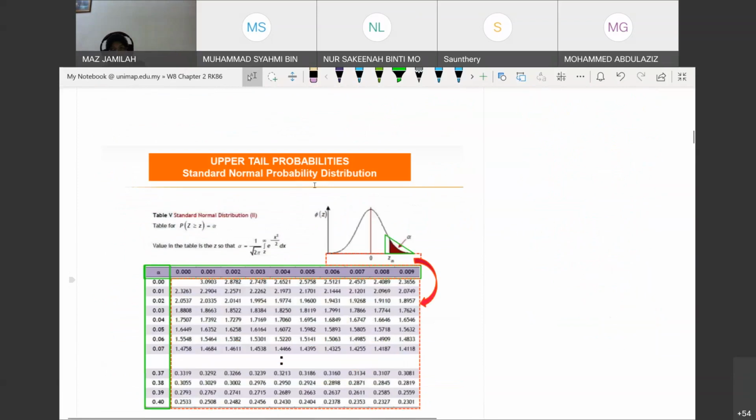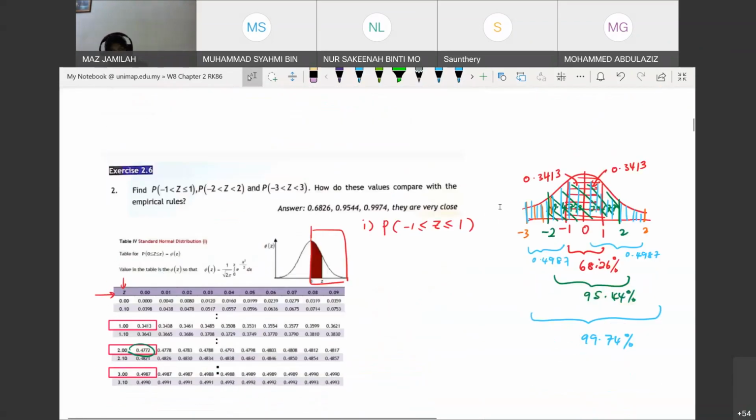Now, let us look at how probability is handled when it involves the upper tail area. How are we dealing with this kind of probability value? Unlike the first kind of probability, or area under the curve, now we are referring to the area bounded by this particular region. The z value is in the first column and the first row.